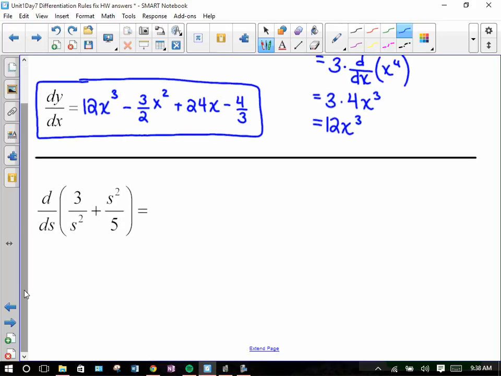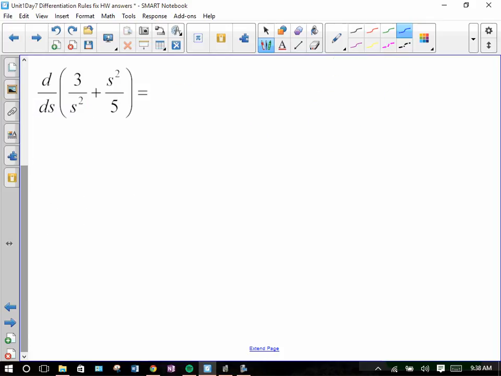So, this problem, alright? Now, I'm going to rewrite this problem first before we look at it. 3 divided by s squared, right now we can't work with something in the denominator.